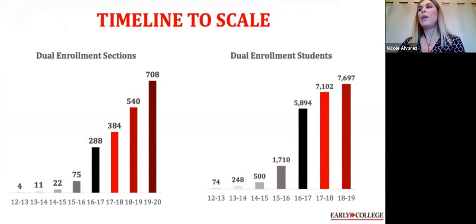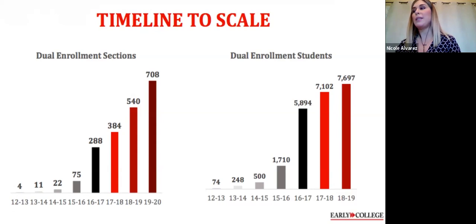With the continued growth in section count and participation, we transitioned from the random acts of dual enrollment to intentional design that would take our course offerings and bundle them into pathway entry points for high school students. If you look at the 2015-2016 year, you can see that's when we started to experience a significant bump in our sections and in our enrollment. That increase can be attributed to two things.